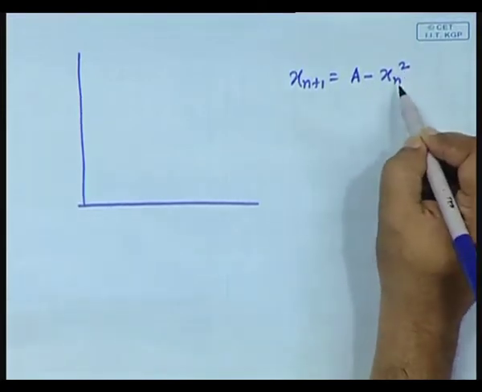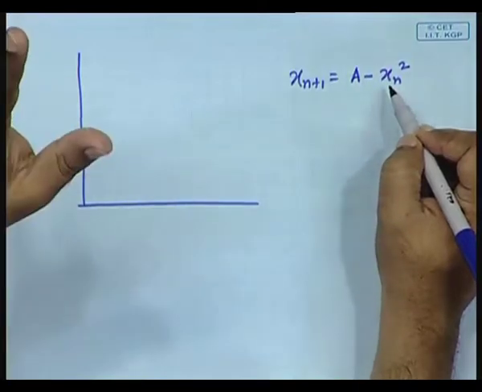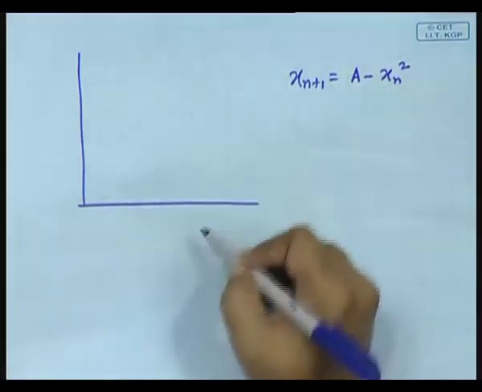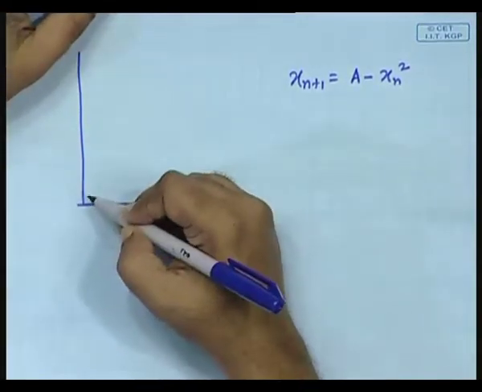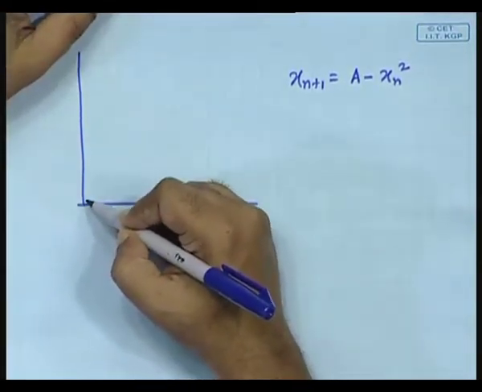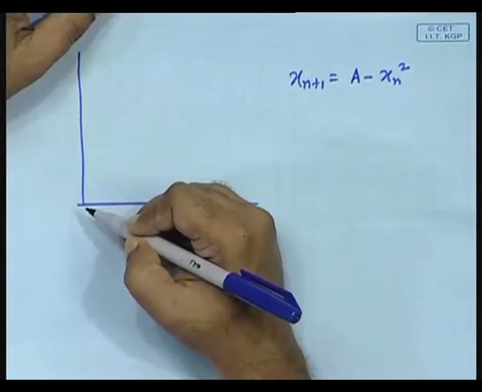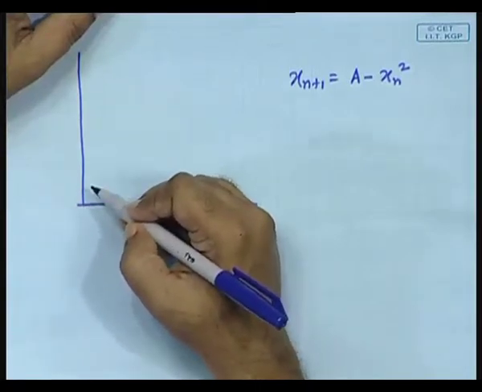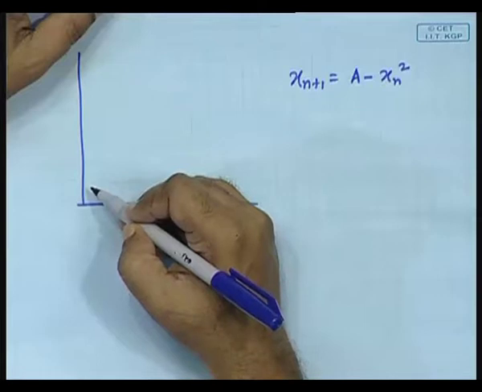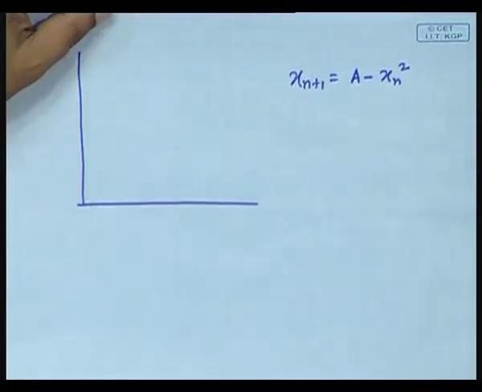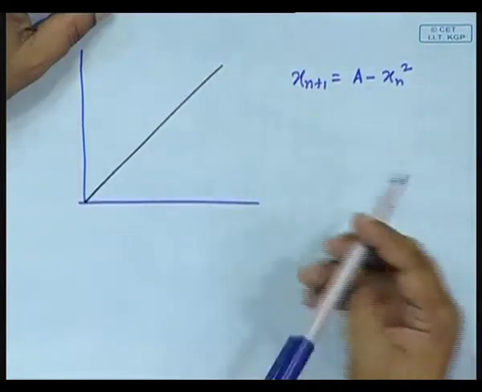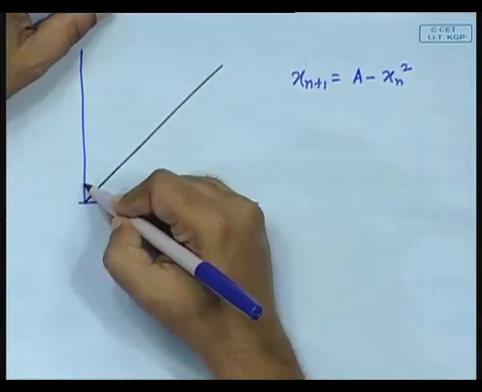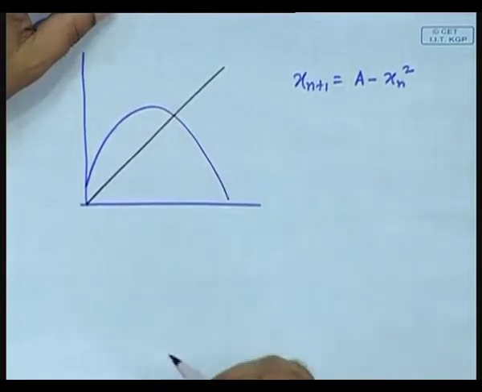How will the graph of the map look? Parabola, right, parabola like this. So, say this is the parabola, how will it be? Yes, okay, it can start from anywhere, right? Okay.